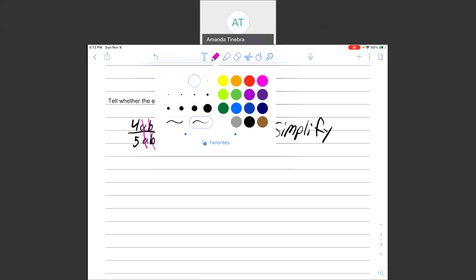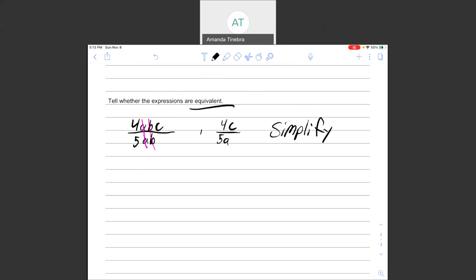So if I divide out the A and the B, I'm left with just 4 and C on the top and 5 on the bottom. For 4C over 5A, if I'm looking for something I can cancel out on both the top and the bottom, well, C and A can't cancel out. Those are different letters. And 4 and 5, you can't divide by anything the same. So that means 4C over 5A is already as simplified as it's going to be.